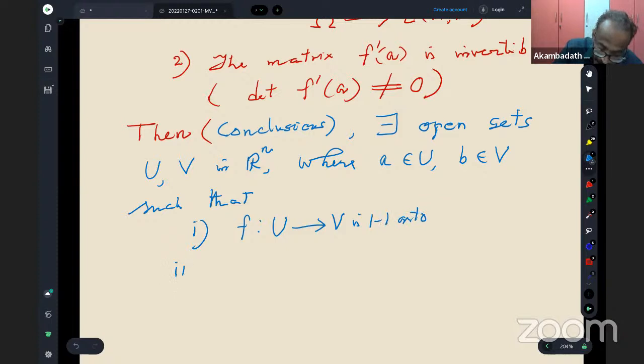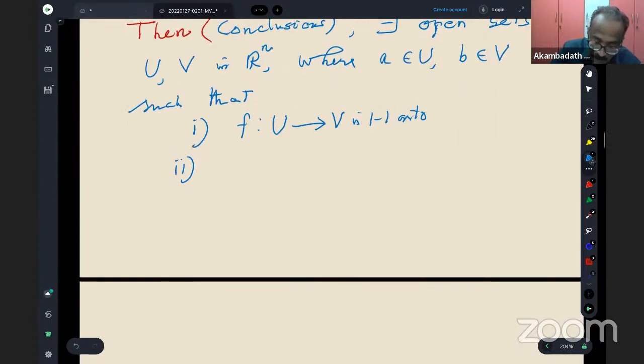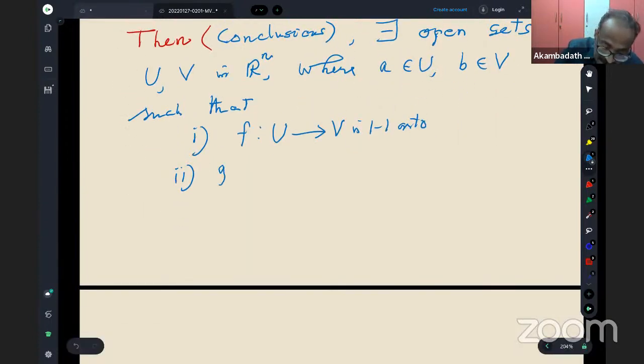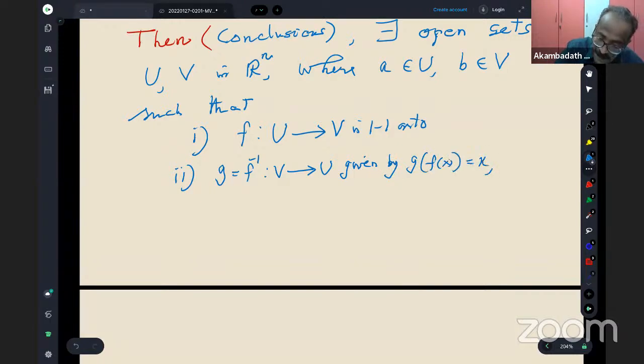And two, once it is 1-1 and onto, you can define its inverse, g equal to f inverse from V to U. How do you define your inverse? Because every element in V is given as f of x, g of f of x equals x for all x in U. That's the meaning of inverse, right?